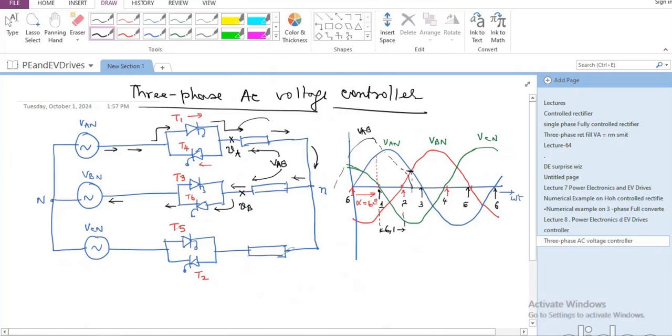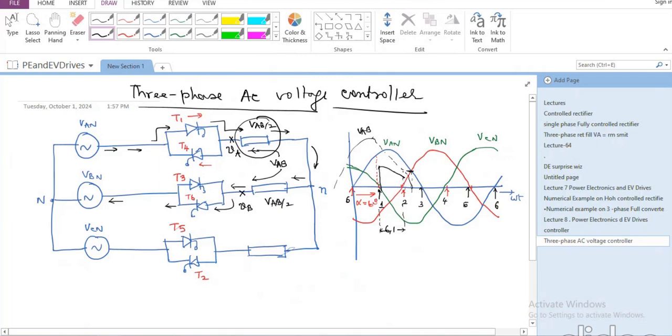So the voltage across this, if I assume balance load, this will be VAB divided by 2 and this will also be VAB divided by 2. So what I get during this portion, I should show it as though at this point, the voltage will be VAB divided by 2 and it will come down like this.